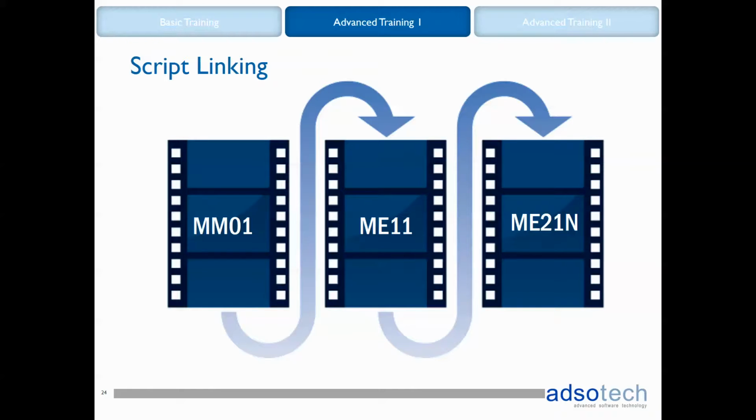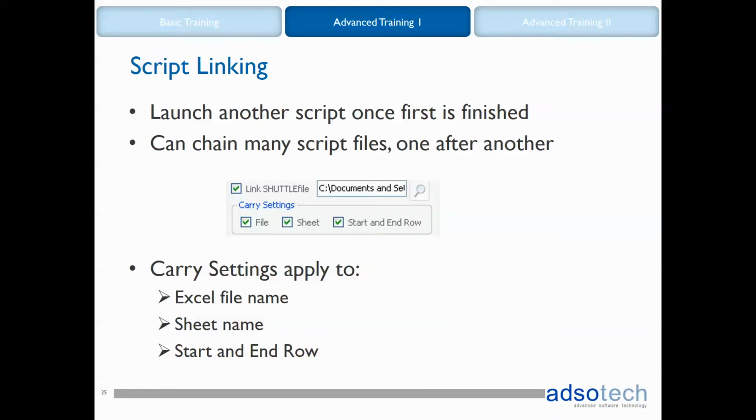We can have 5, 8, 15, 35 scripts linked back to back if that will be the desired scenario. So the point is that one script launches another script once itself has finished working. And like I said, we can chain as many scripts together as we want.